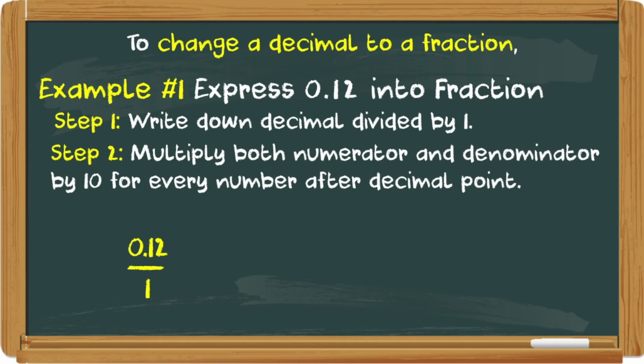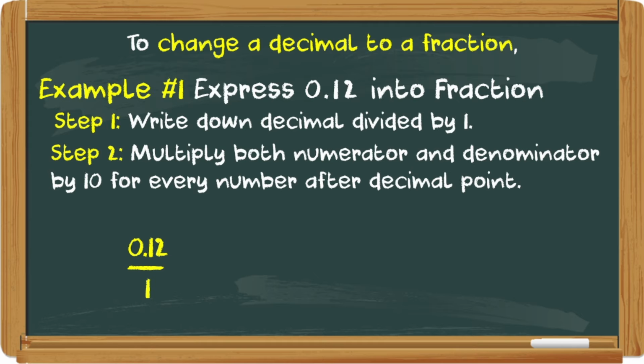Step number 2. Multiply both numerator and denominator by 10 for every number after decimal point. It goes this way. Kapag ang number after decimal point ay isa lang, so multiply the numerator and denominator by 10. If dalawa ang number after decimal point, multiply by 10 times 10, that is 100.